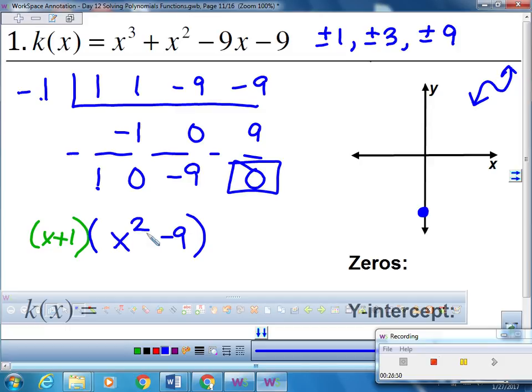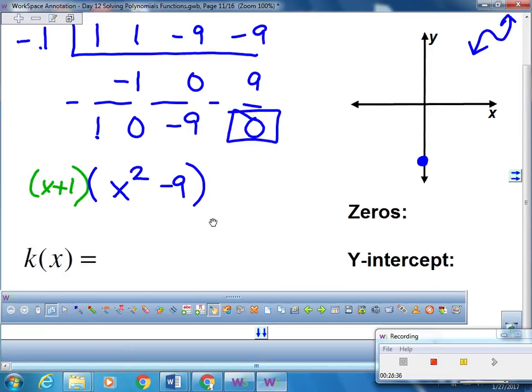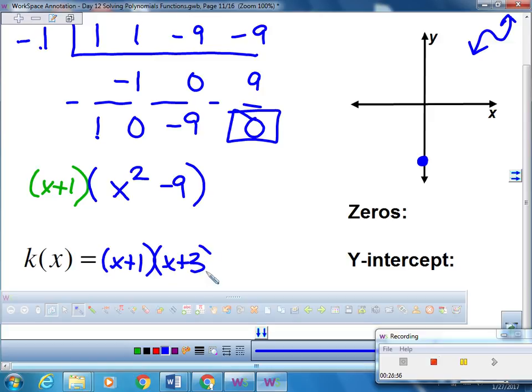Why am I so excited? It's the difference of 2 squares, right? Yay, it's so exciting. You're like, oh, it's like Christmas, right? I don't have to do any more work. I don't have to do any more synthetic division. I just scored, right? So my factors are x plus 1, x plus 3, x minus 3.